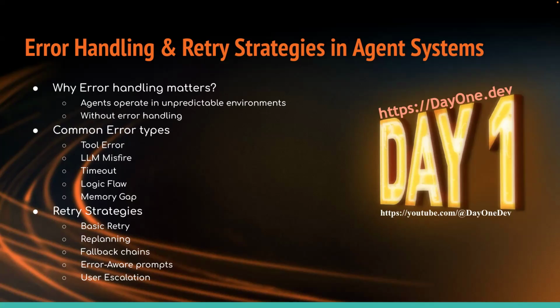So the final takeaway is that error handling and retry strategies are critical components for robust agent systems. These are really critical if you want effective error handling mechanisms and retry strategies. Also, I'll put it in a simple scenario: smart agents do not avoid failures, they plan for them.